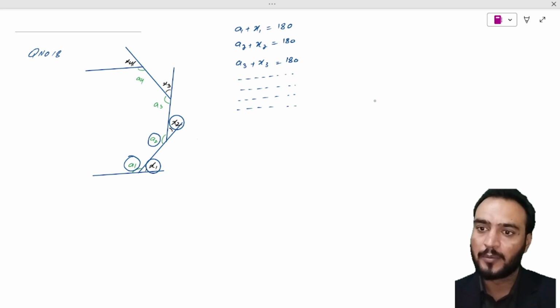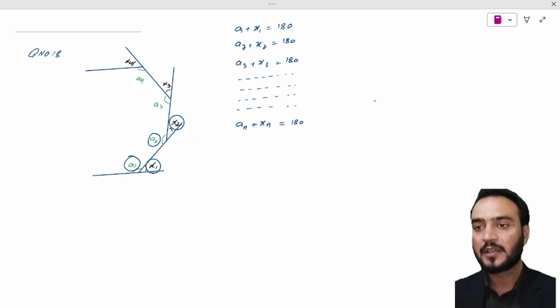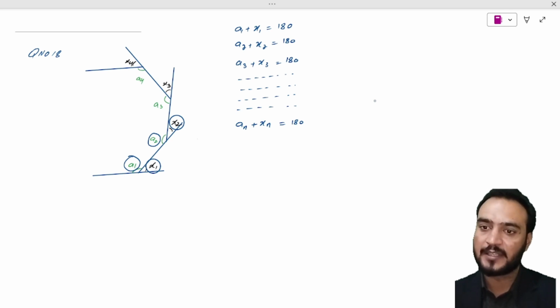Moving toward the nth angle, an, which is the interior angle, plus xn, which is the exterior angle, their sum is also equal to 180 degrees. These are the n equations we have. Now let us add these equations vertically.